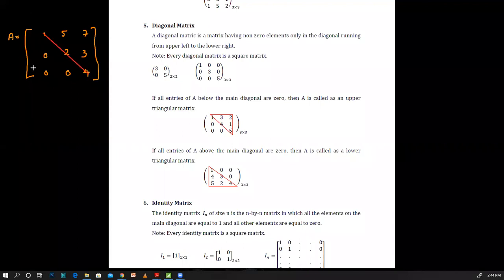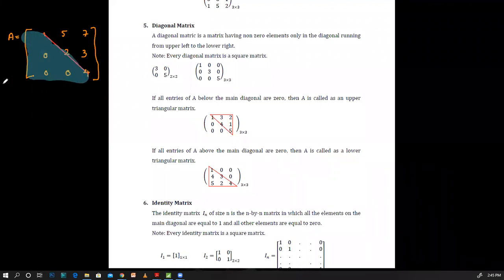Now, if this is the main diagonal we have observed, this is the upper part of the main diagonal. This is the upper part of the main diagonal. And this is the lower part of the main diagonal.